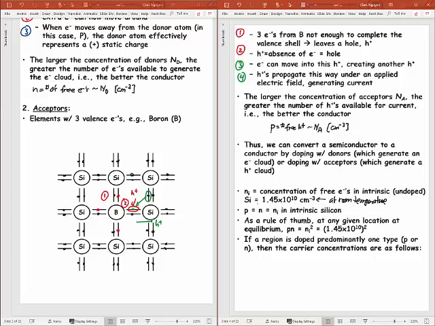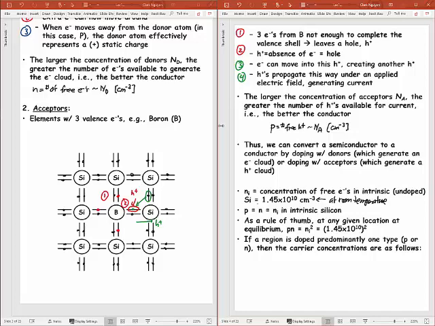Okay, so if I give you a concentration like N sub D or N sub A, N sub D is the concentration of donors, N sub A is the concentration of acceptors, that tells you there's that many, for the case of donors, electrons per cubic centimeter in that material now. Okay, and same thing for holes.